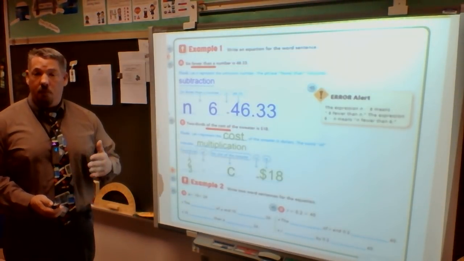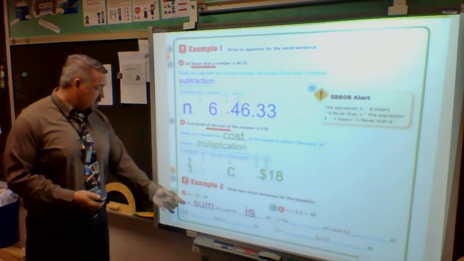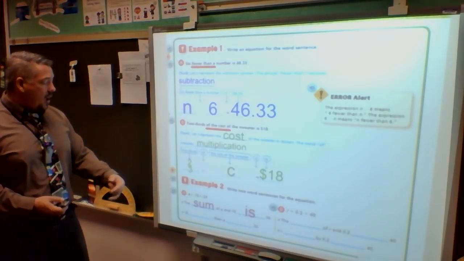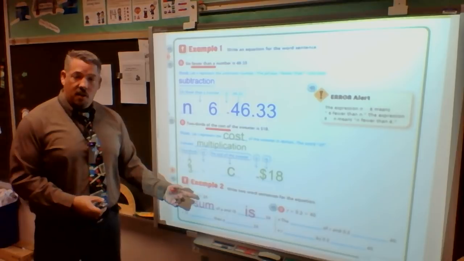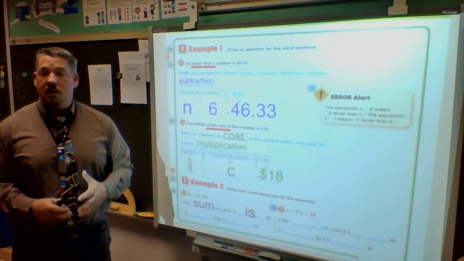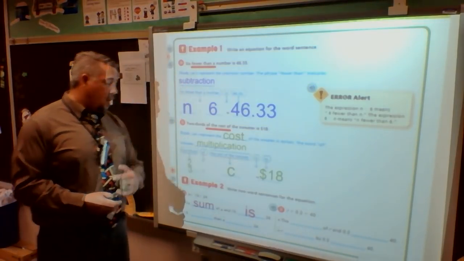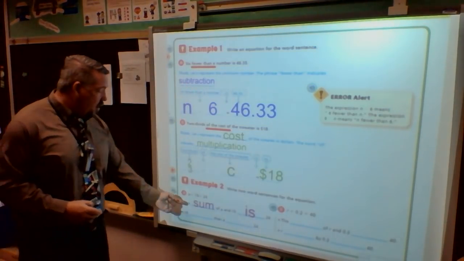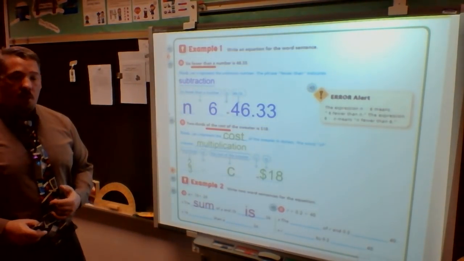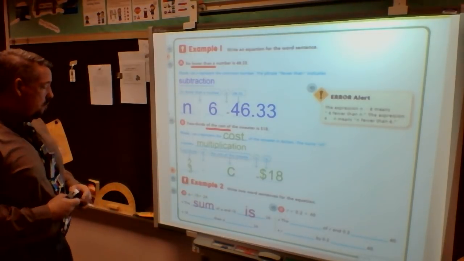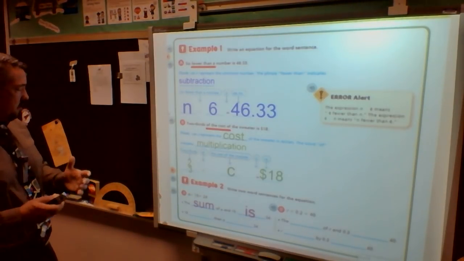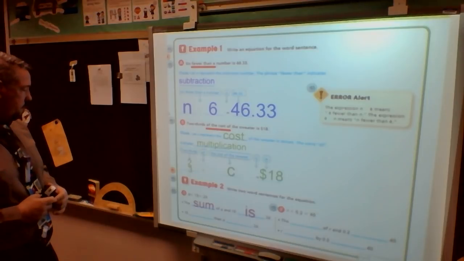Let's see. So that would be the word sum, right? So it's the sum of A and 15. And we said that our key term we're going to be using in this lesson is when I have equal sign. So is 24. That would be a word problem. So it's a word algebraic equation. So I would write that.